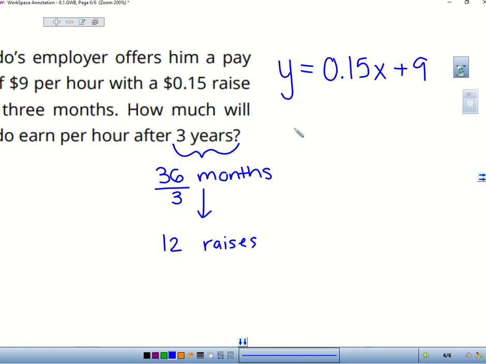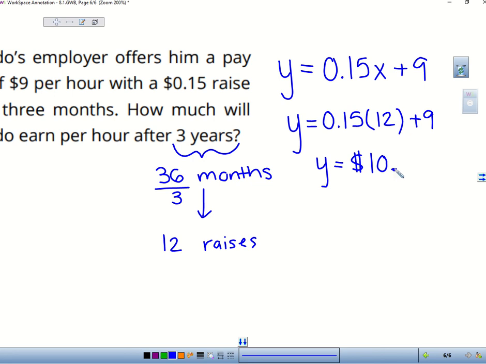So this is going to be y equals 0.15 times 12 plus 9, which will give you y equals $10.80. So after 3 years, you're going to be making $10.80 if you get a 15-cent raise every 3 months.